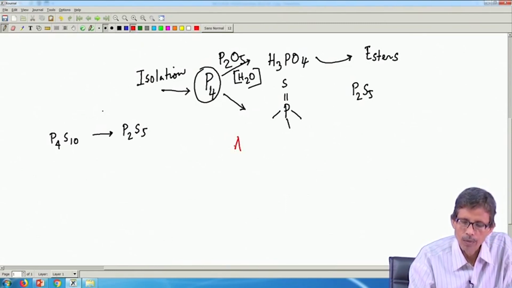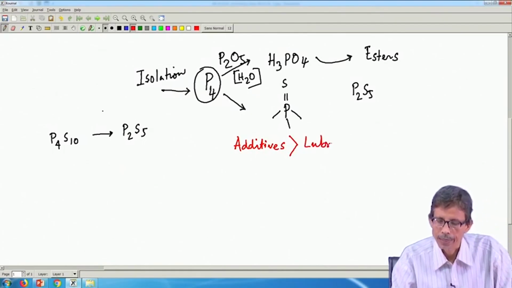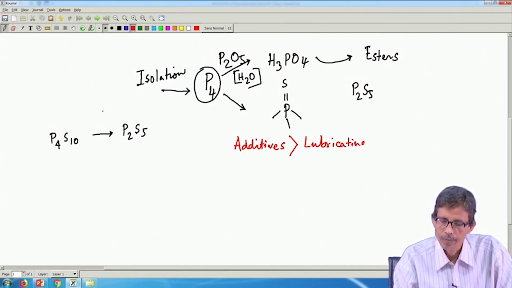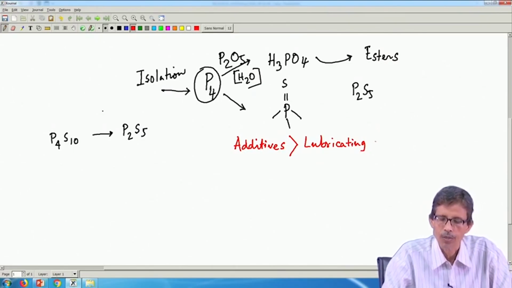So, we will be going for making additives, which additives? The lubricating, machine lubricating, we call in common terminology the mobiles, the mobile oils, which are additives for the lubricating oils.